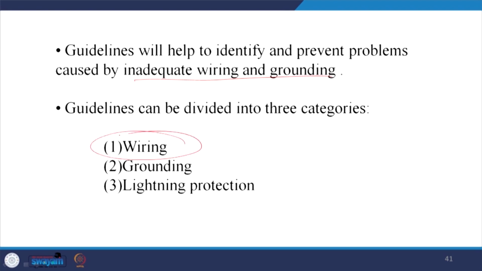One is wiring. You should ensure that loads are distributed across all the phases of the house in the right manner, so that you do not inflict a huge amount of unbalance into the system.